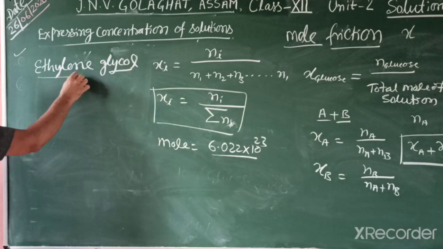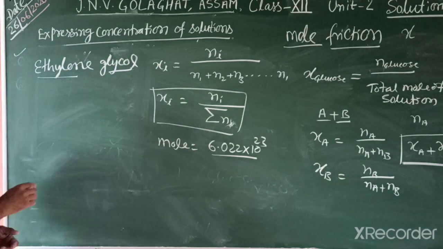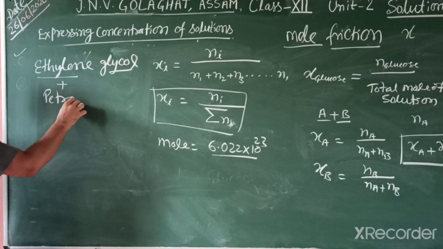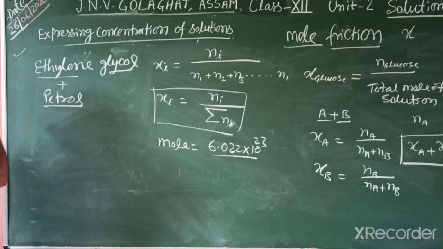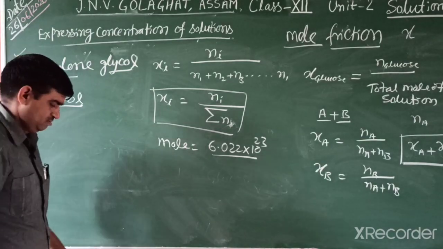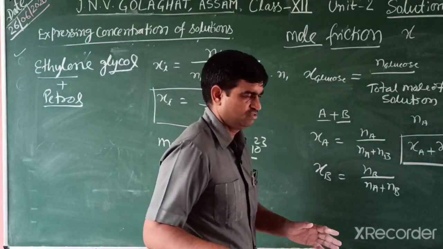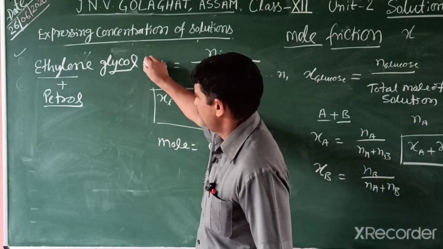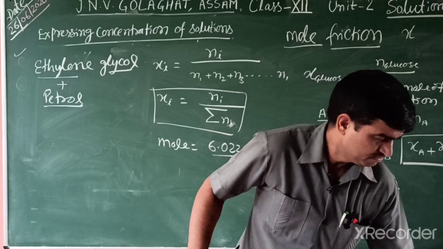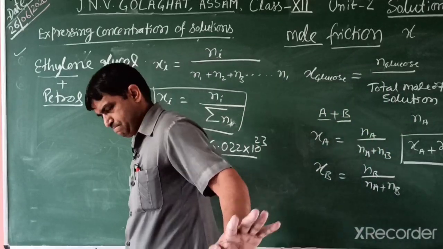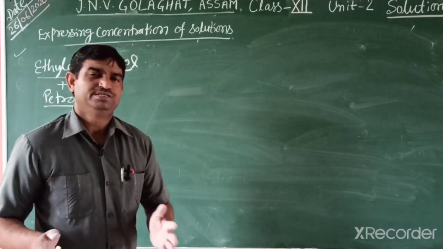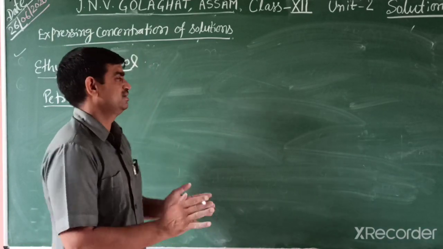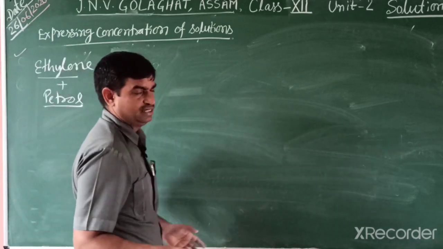This chemical we mix in petrol. Why? Because this chemical we can mix with water also. In our NCERT book there is a numerical given: find out the mole fraction of ethylene glycol present.